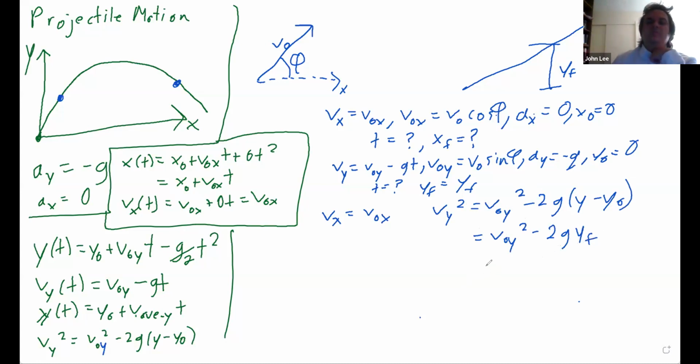So vx equals v naught cosine theta or cosine phi, and v naught y equals v naught sine phi. So vy squared equals v naught sine phi squared minus 2g yf.